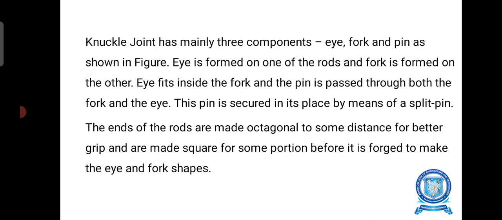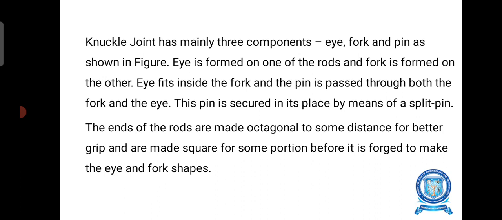A knuckle joint has mainly three components: the eye, the fork, and the pin, as shown in the figure. The eye is formed on one of the rods, and the fork is formed on the other. The eye fits inside the fork, and the pin is passed through both the fork and the eye.